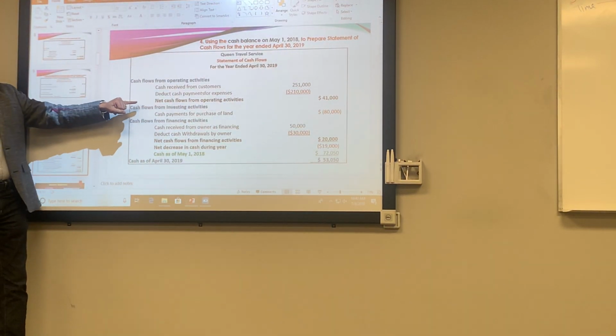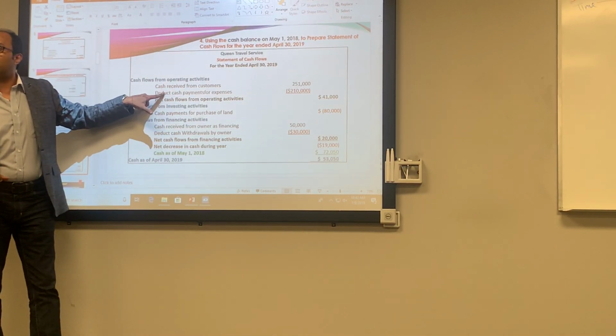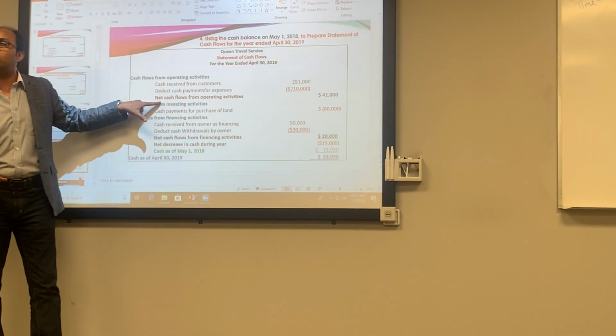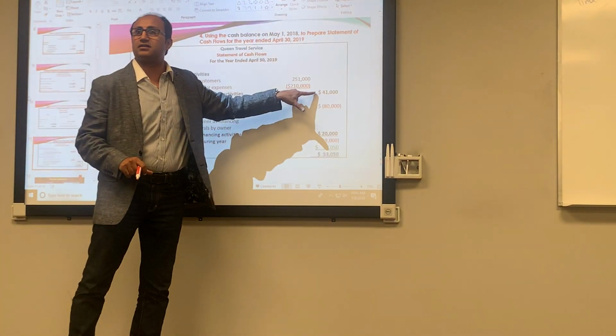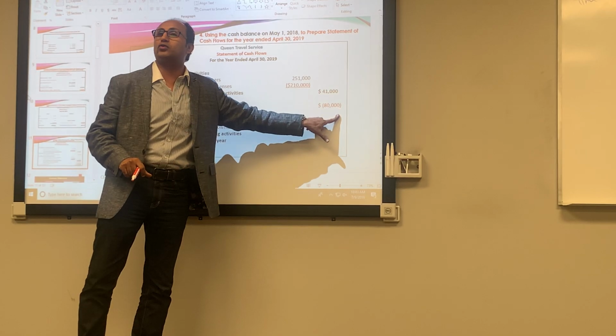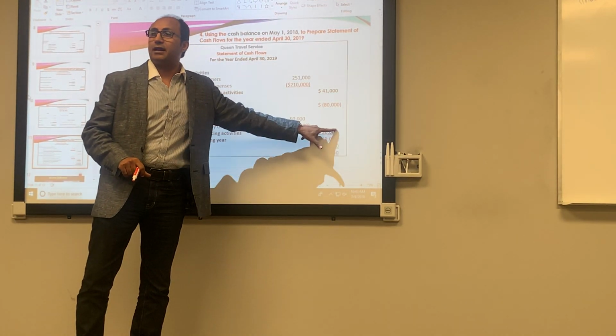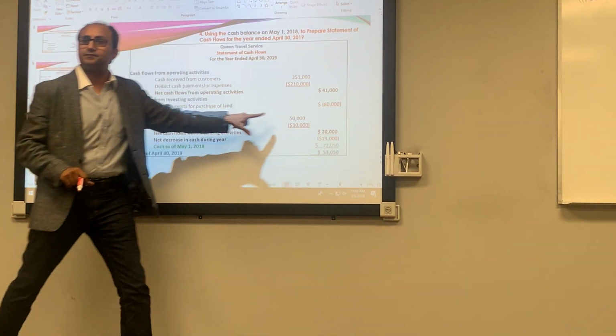Repeat again. After you get the number from each section, you have to figure out the total number for each section, because you will use this number to subtract or to count, to give you the net number.